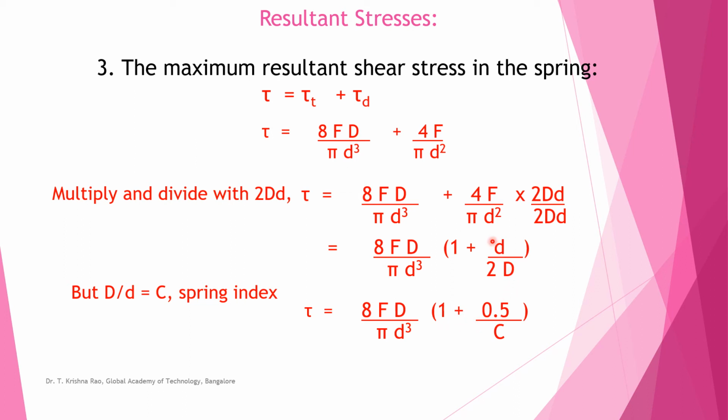So this capital D by small d is defined as the spring index C. Capital D by small d is spring index C. 1 by 2 is 0.5. So the final equation for shear stress is tau equal to 8FD by pi d cube into 1 plus 0.5 by C. This 1 plus 0.5 by C is called curvature factor, sometimes called as capital K.